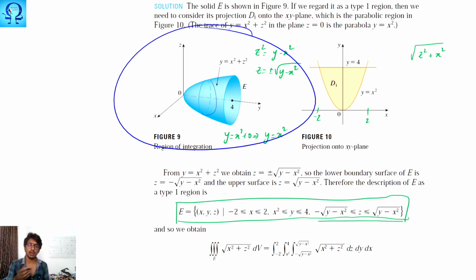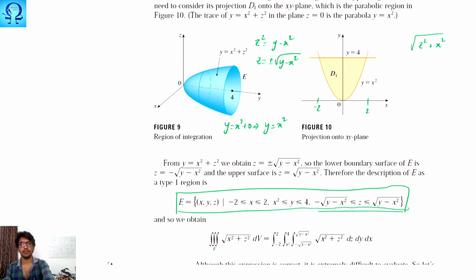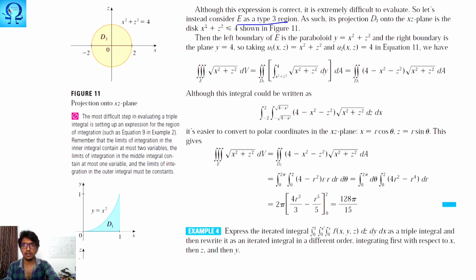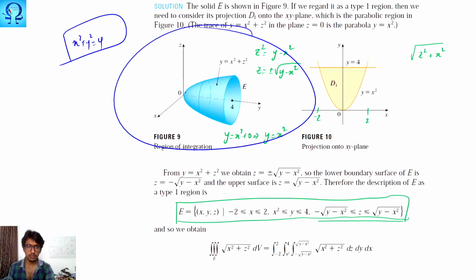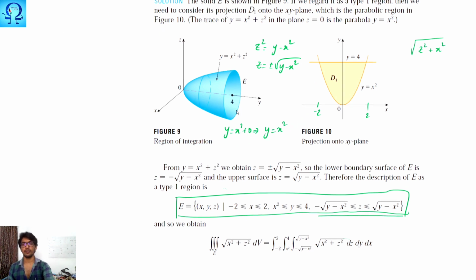That is the mirror image kind of thing. So what are you going to get? You would get x square plus z square equals 4, which is projected on the xz plane. So that is given here. So x square plus z square is going to be 4, and y varies from what? Your y is varying from x square plus z square to y is equal to 4.